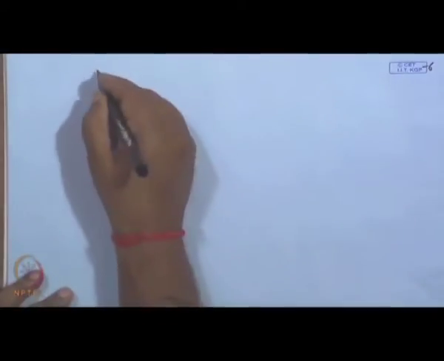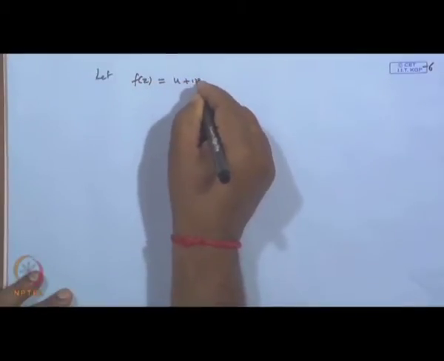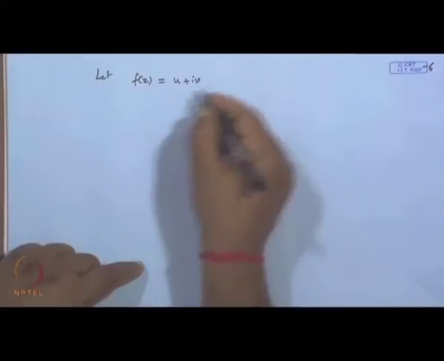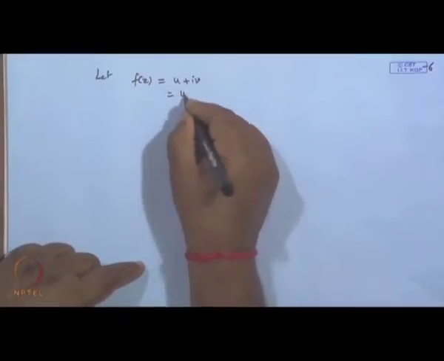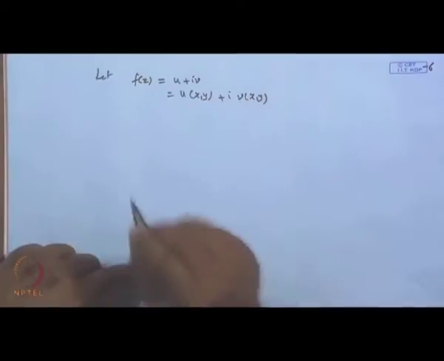Let us suppose f(z) is u plus i v. Basically u is a function of x, y, and v is also a function of x, y.